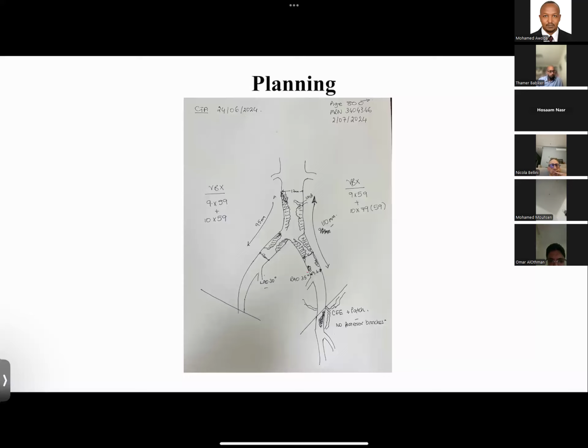I always plan the angles at which I will be able to see the iliac bifurcation. I check the IMA. Am I going to cover the IMA or not? If I'm going to cover it, I always check the celiac and the SMA and make sure that they are patent, and the covering of the IMA is not going to affect that. I decide which stents I'm going to use and how long they're going to be. And I also decide whether I'm going to do a femoral endarterectomy or not. And obviously, in this case, we did do a femoral endarterectomy.